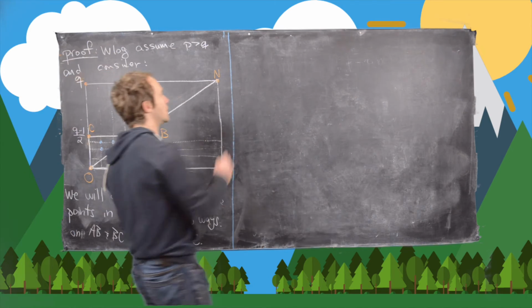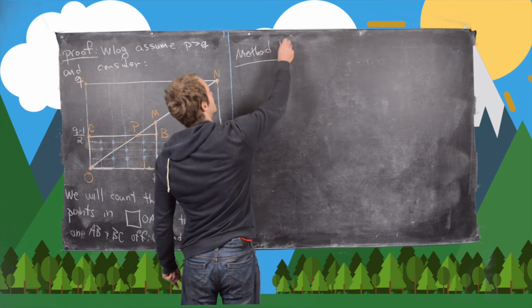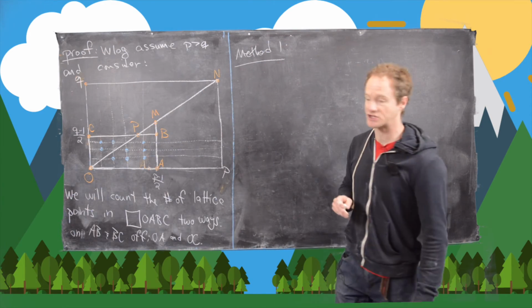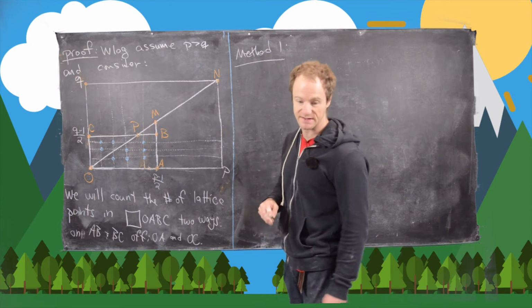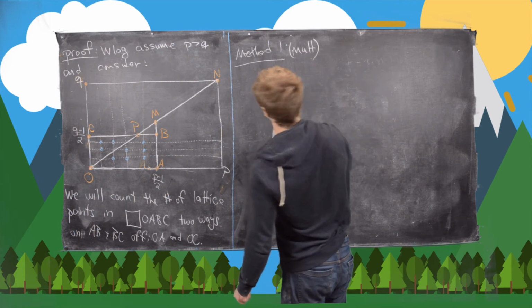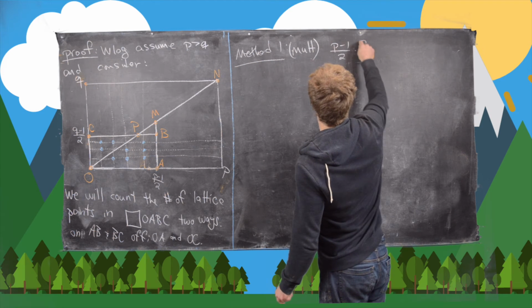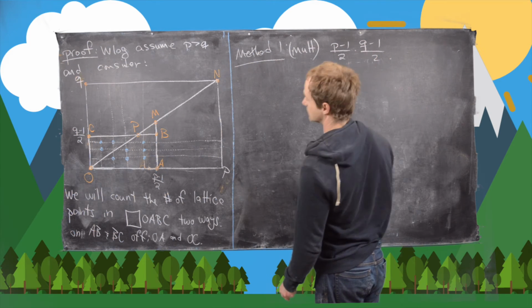Okay, good. So method number 1 for counting is just straight up multiplication. It's sort of obvious that just by multiplication, we get the following. This is clearly (p minus 1)/2 times (q minus 1)/2.